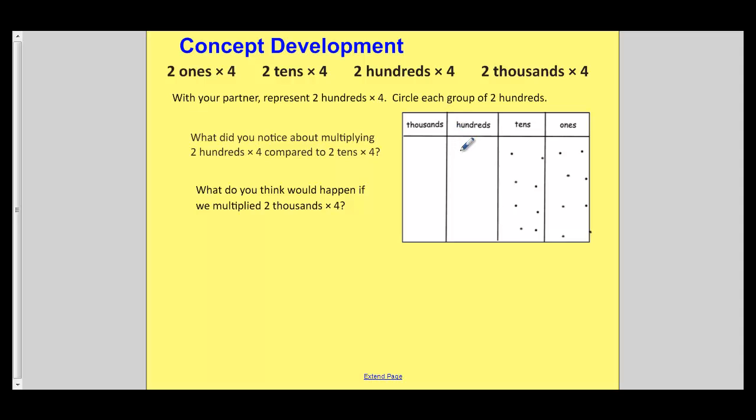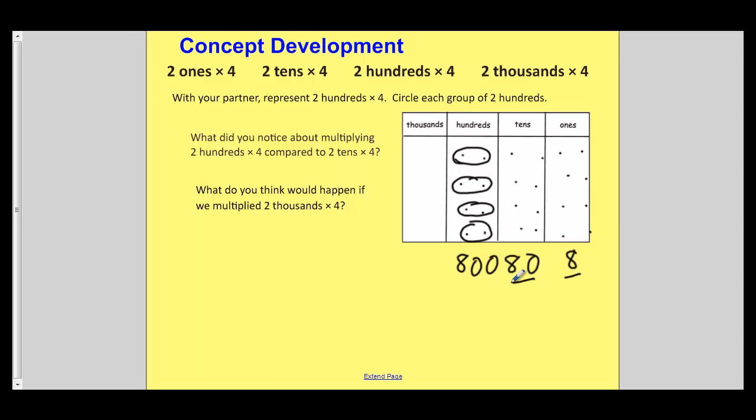There's 200s times 1, 2, 3, 4. So let's circle our groups. We got 8, 80, and now we have 200, 400, 600, 800.